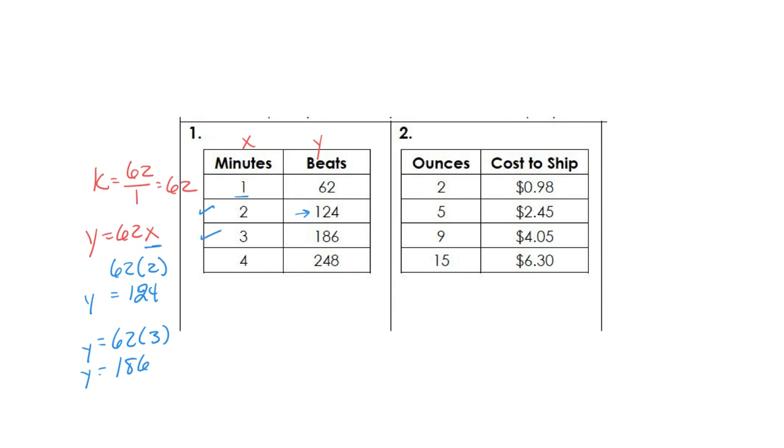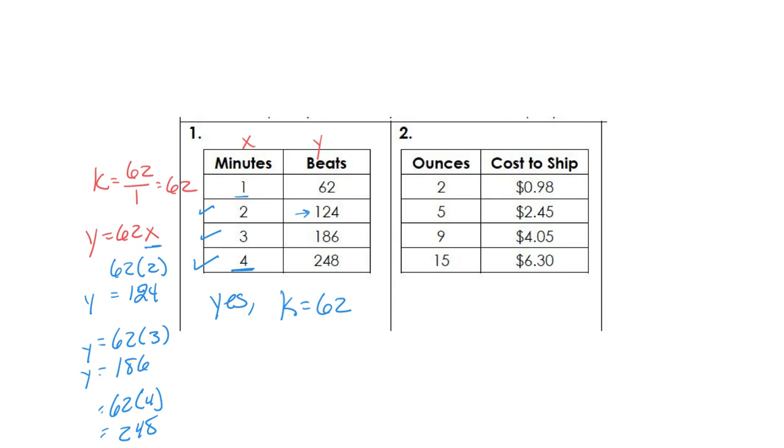That is correct. Now take 4, insert it into the equation, 62 times 4, and that does equal 248, so that is correct. So yes, this is proportional, and the constant is 62.